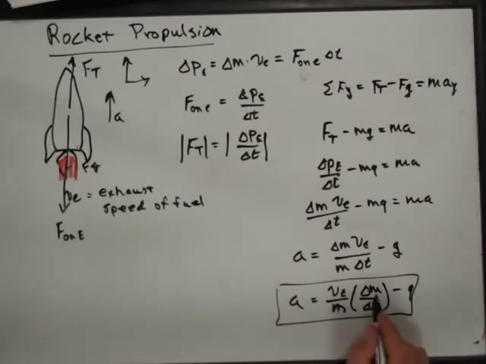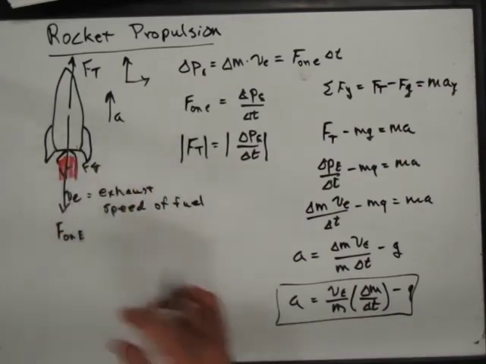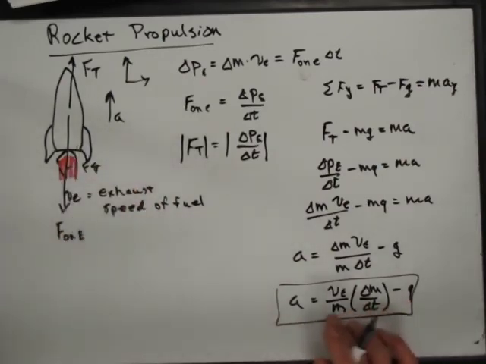If I know the rate at which fuel is being shot out, am I shooting out 10 kilograms a second, or 30 kilograms a second, or 1,000,000 kilograms a second? I know the mass of my rocket. I know the exhaust velocity, how fast it's going out the back. I do this calculation, subtract g, and that tells me the acceleration.